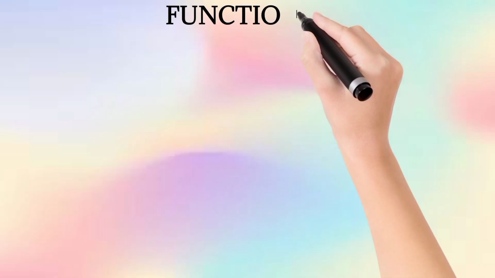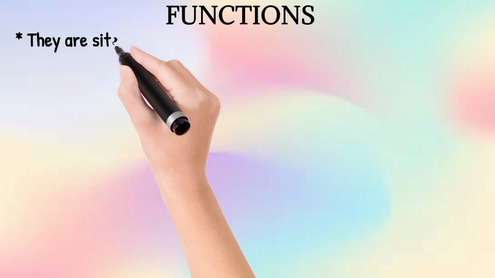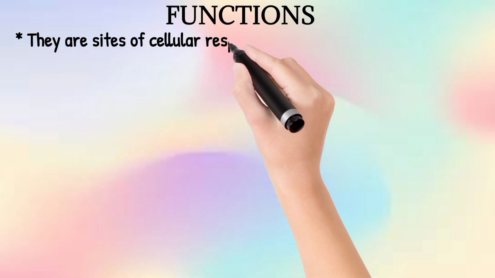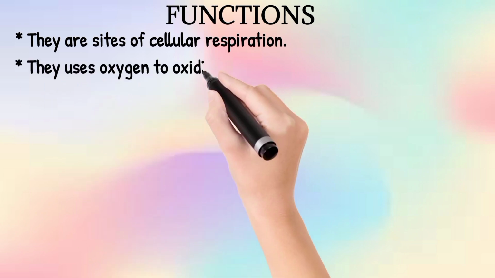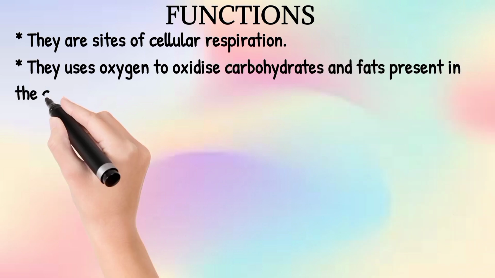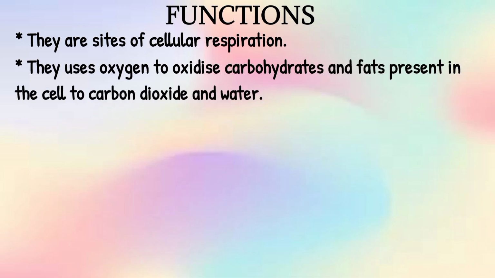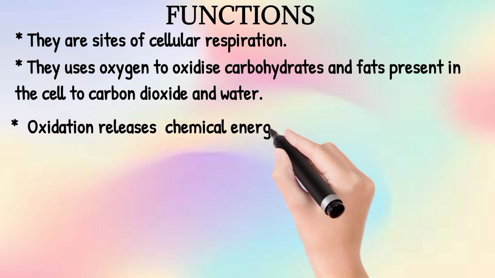Now the functions of the mitochondria. They are the sites for cellular respiration. That means respiration at the cellular level takes place in the mitochondria. They use oxygen to oxidize carbohydrates and fats that are present in the cell, and they oxidize them to carbon dioxide and water.